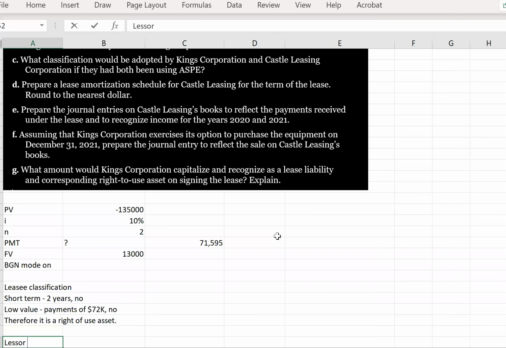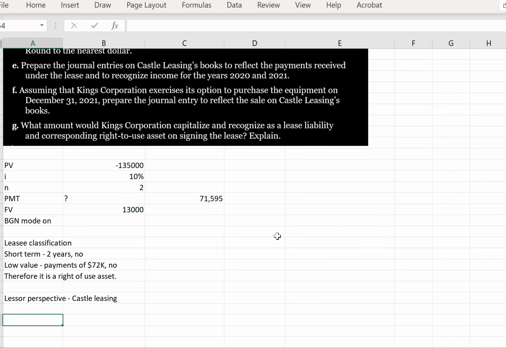From the lessor perspective, Casa Leasing, we need to determine if this is a capital lease or an operating lease. And so we've got 3 criteria to do that.